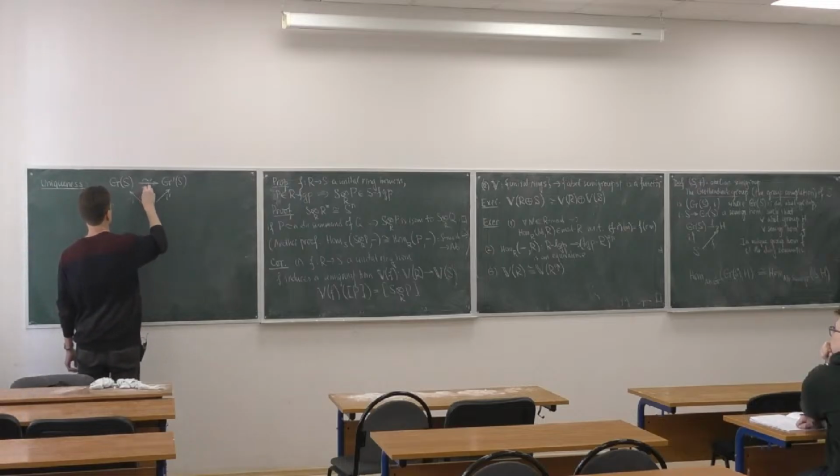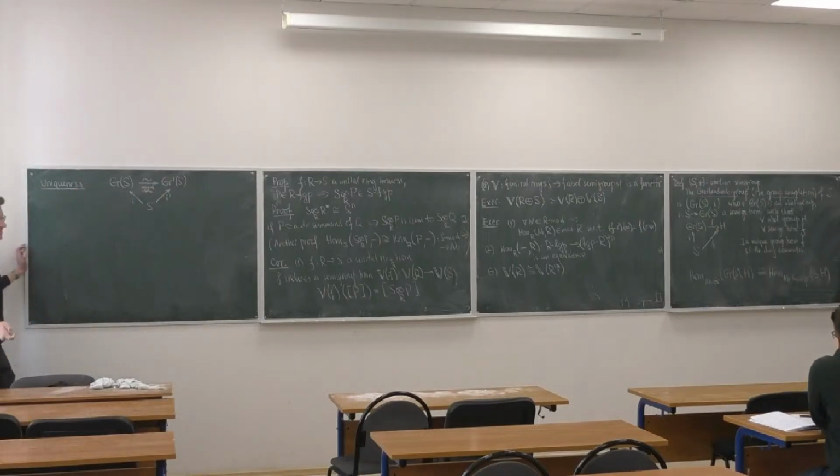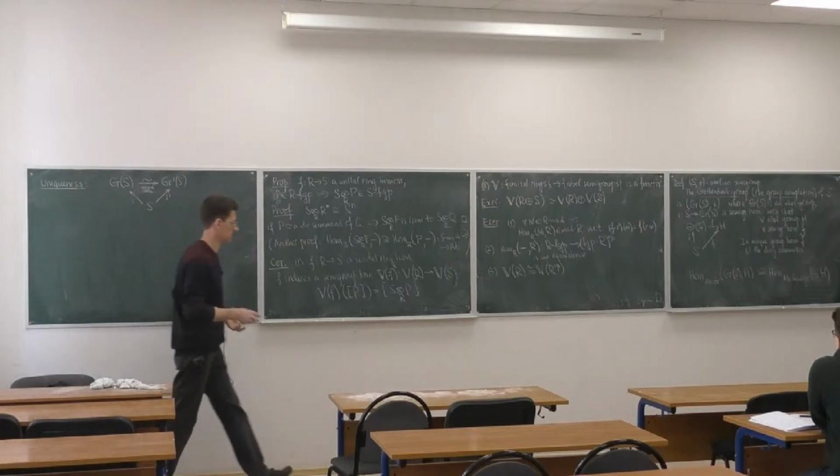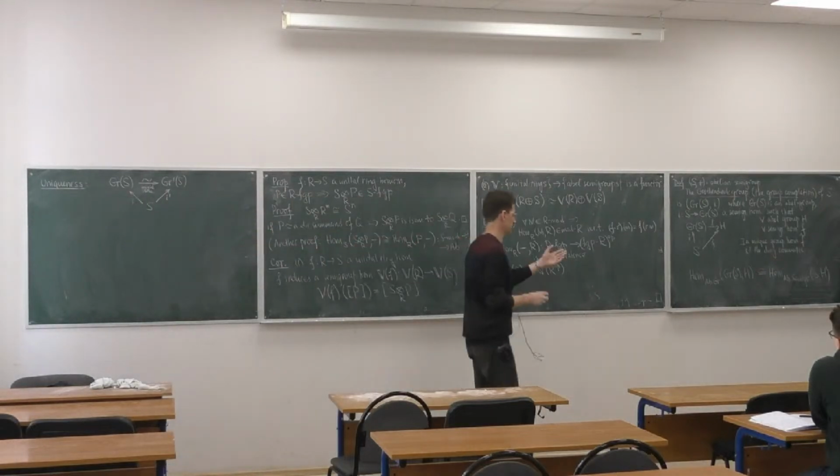It is unique. So this is the general uniqueness property of an object which is defined in terms of such a universal property.